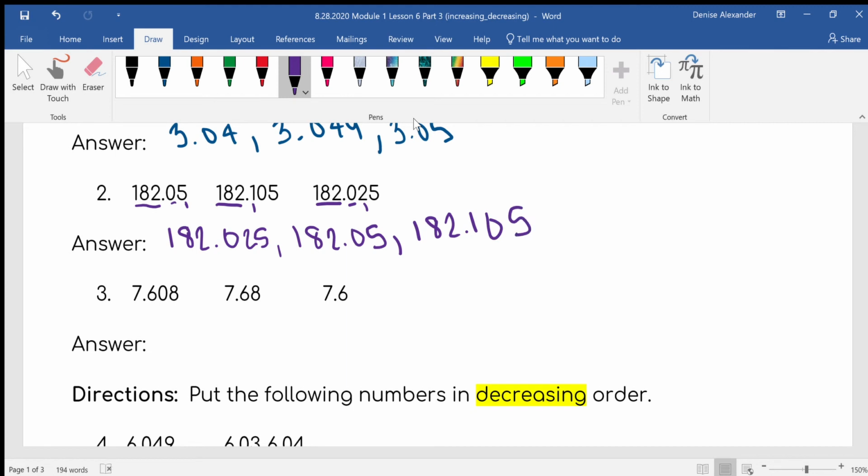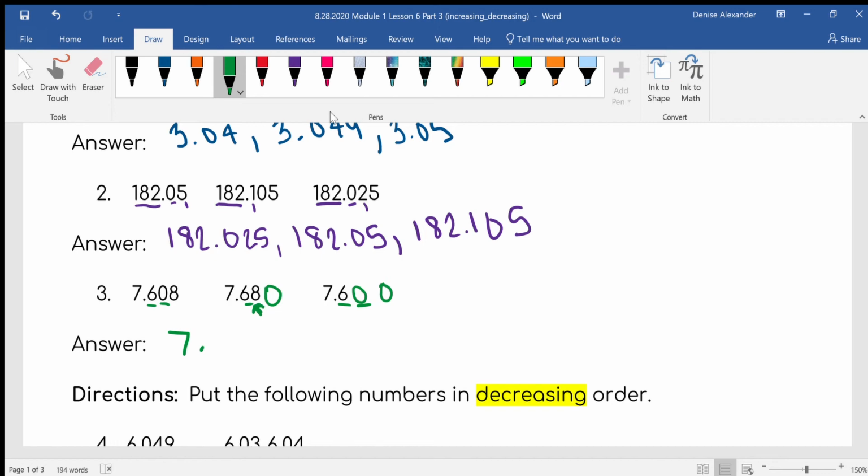Okay, let's do it again. Let's look. They all start with 7, you guys. We have a 6, a 6, and a 6. Well, that's good. This goes to thousandths, so I'm just going to quickly put in my zeros. I have a 0, I have a 0, I have an 8. So this one is last. Why?